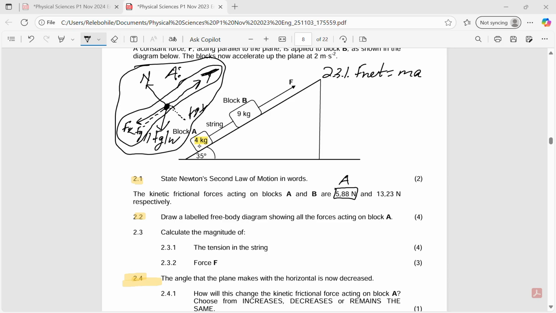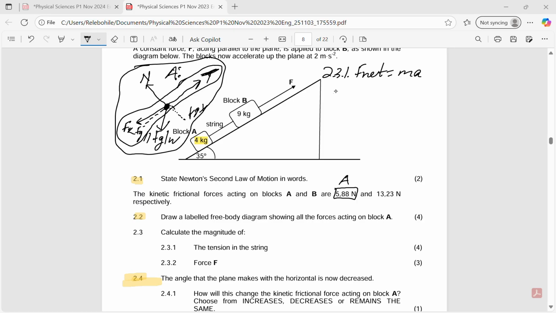All right, so the forces that are making this object move are the tension force, the kinetic friction, and the force of gravity, the gravitational component force, which is parallel.